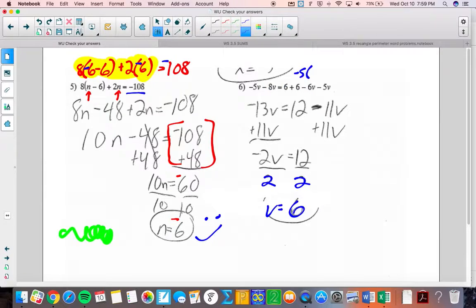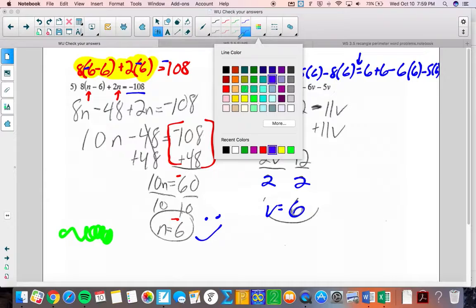So negative 5 times 6 minus 8 times 6 equals 6 plus 6 minus 6 times 6 minus 5 times 6. Now, what we're going to do is just calculate the left side and write down what it equals and hope that it equals whatever I get on the right side. But you can't punch this all in at once. It's impossible.